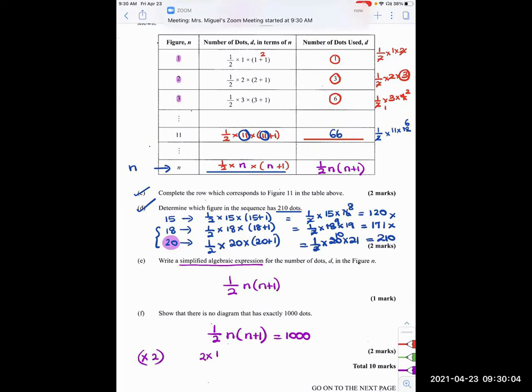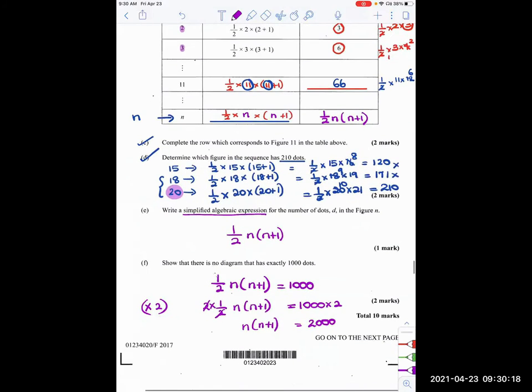So 2 multiplied by a half into n plus 1 equals 1,000 multiplied by 2. This will cancel. So n, open bracket, n plus 1 is equal to 2,000. And we can say now that there are no two consecutive numbers to produce 2,000. So that's all I need to show.